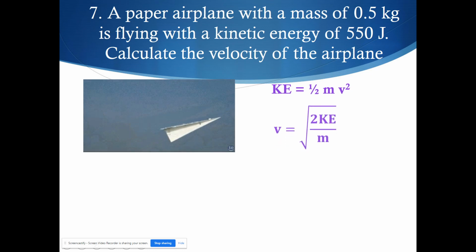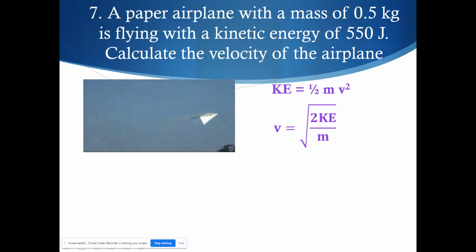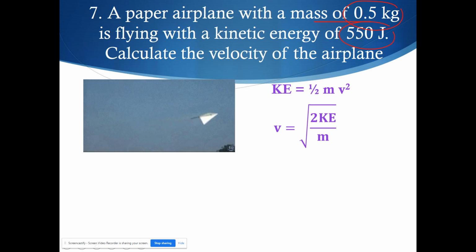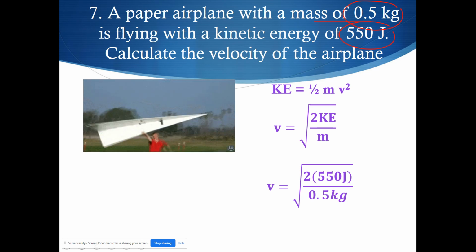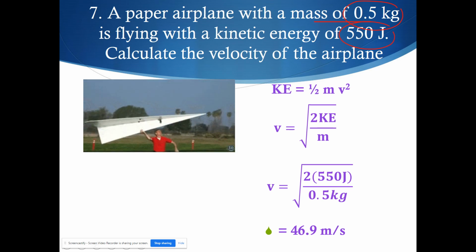And I will get a formula that looks like this. My KE is given, my mass is given. All I need to do is plug those numbers in. Make sure you use your square root sign correctly, and you should get the answer of 46.9 meters per second.